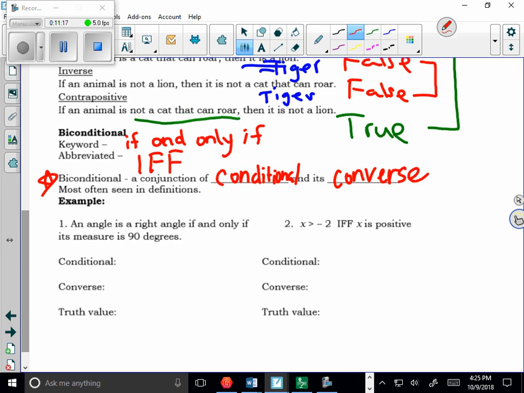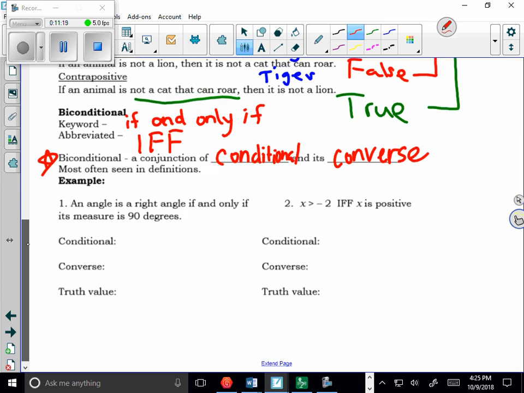So let's take our biconditional right here and let's break it down. I've got an angle is a right angle if and only if its measure is 90 degrees. Okay? My conditional, I just got to make that an if statement, an if-then statement.